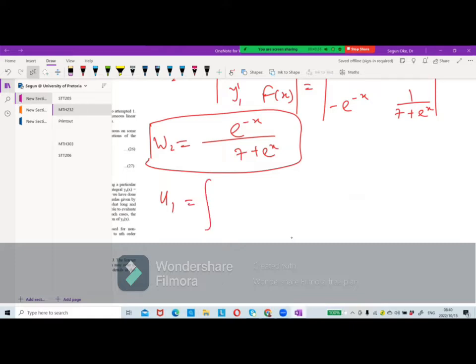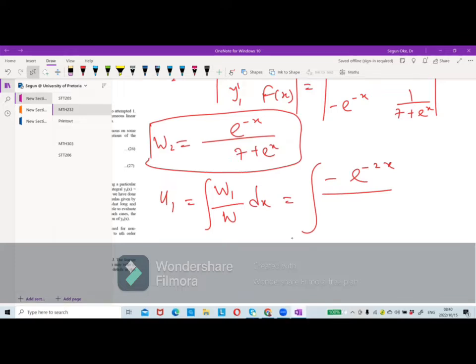Our u1 says integral of w1 over w dx, which is the same thing as integral of minus exponential minus 2x divided by, that's w1 now, 7 plus exponential x, multiplied by, it's supposed to be divided by again, right?